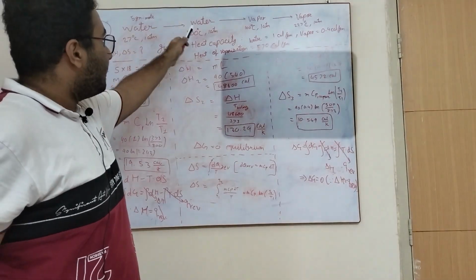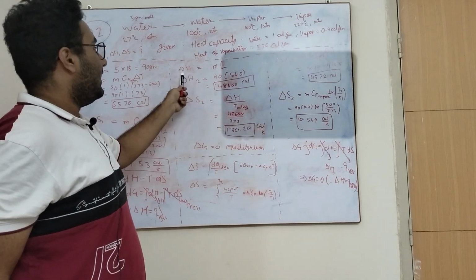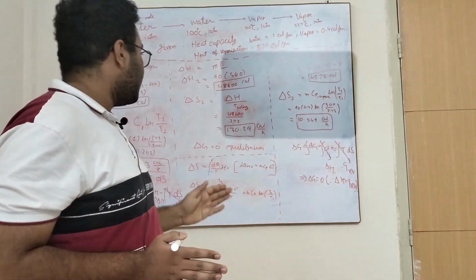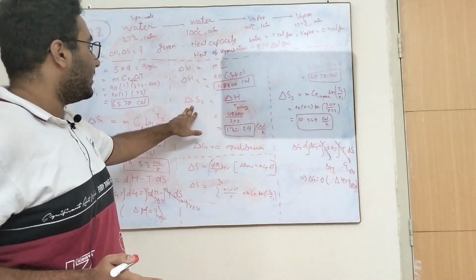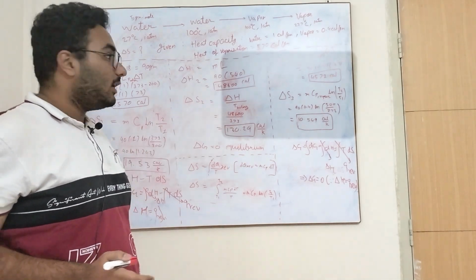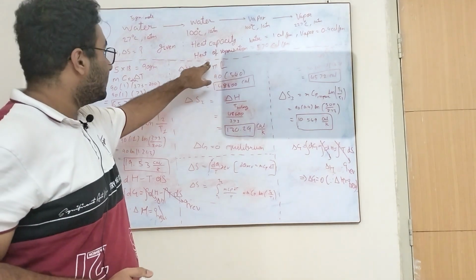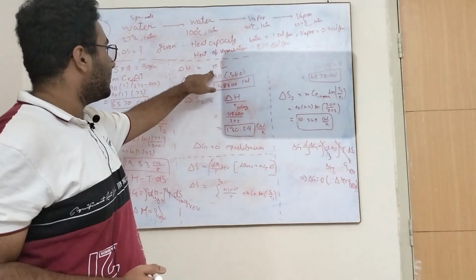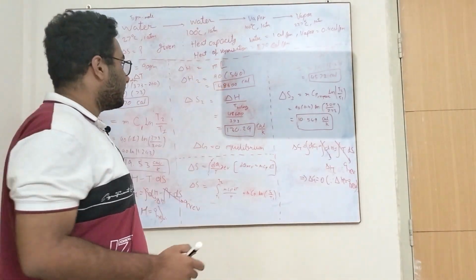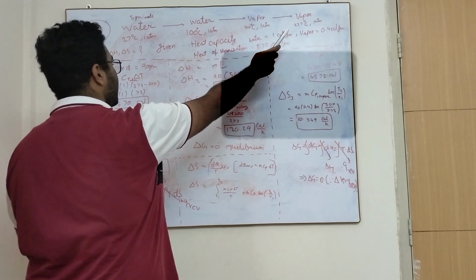Now for vaporization of water to vapor, we use delta H is equal to ml. Here an interesting thing is that temperature is constant, so delta S could be easily found by delta H by T boiling. So delta H is equal to ml, mass into latent heat of vaporization, which is given to us as 570 calorie per gram.